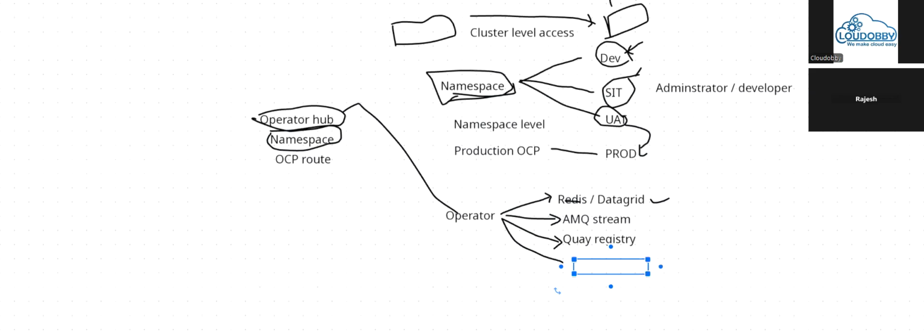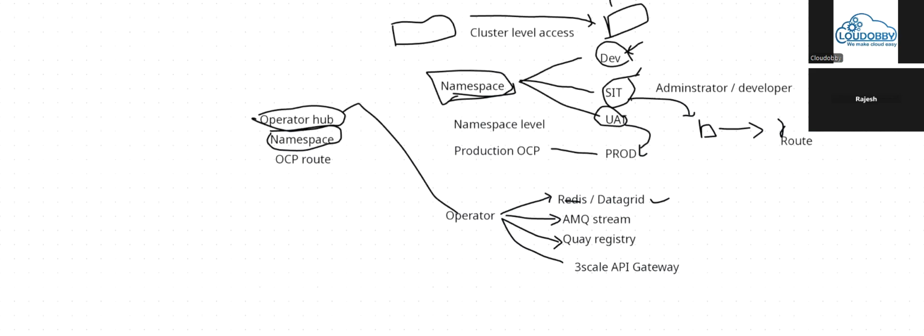Now say you have a namespace, and in the UAT namespace you have deployed your container. After deploying your container, how will you access it? You have to create a route. The route is nothing but networking. To create a route, you need to have something called a domain name or host name.